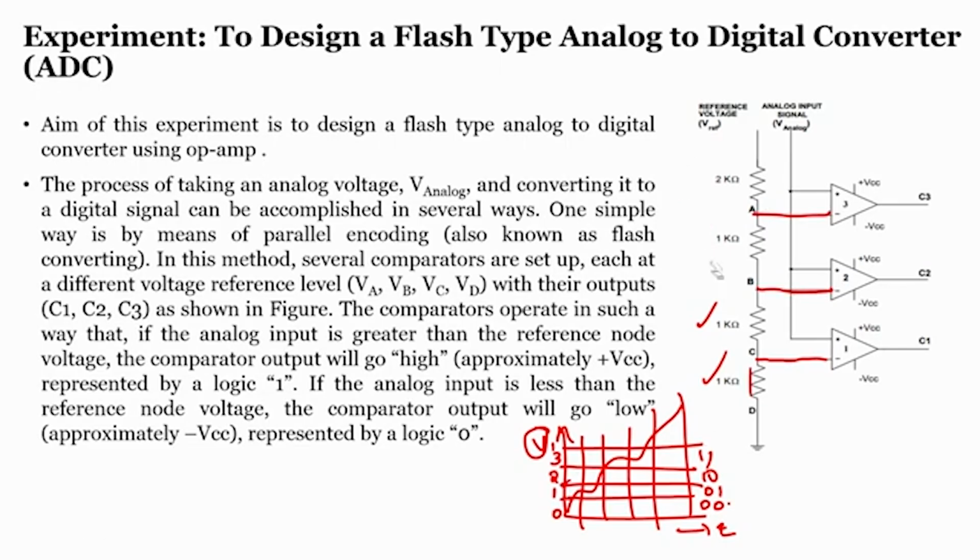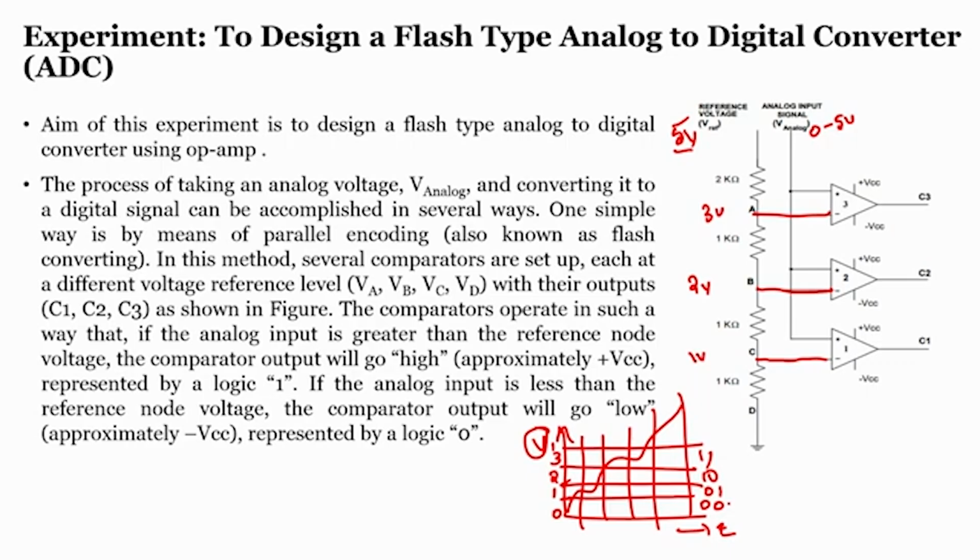For example, say I consider the reference voltage as 5 volts, and the input voltage signal is between 0 and 5 volts. You have to divide this complete 5 volts into 4 levels. In this case, the resistors are chosen in such a way that the level values will be 1 volt, 2 volt, 3 volt, and above that it will be completely 5 volts.